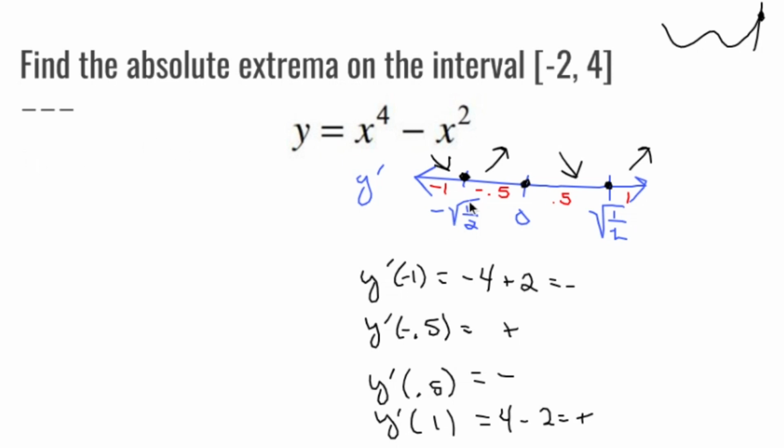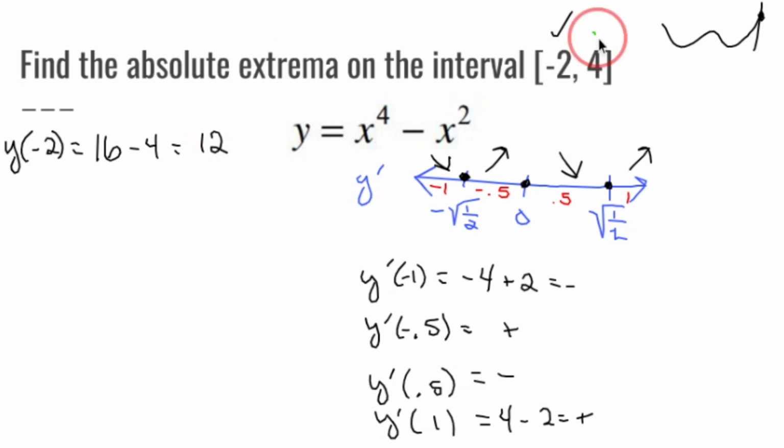So let's start out with the endpoints. y of negative 2 is going to be negative 2 to the 4th power, which is 16, minus negative 2 squared, which is 4. That gives me 12. So one endpoint, check.